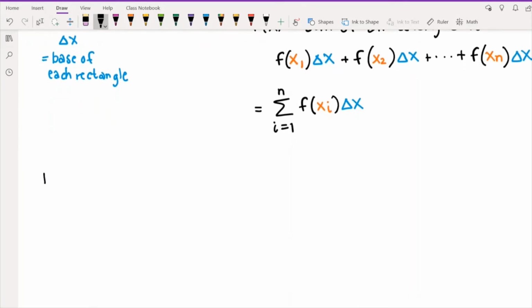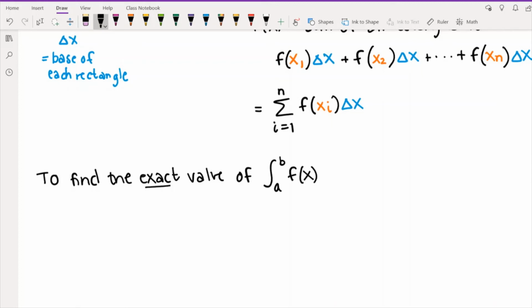So to find the actual or the exact value of the integral from a to b of f of x dx, we want to basically bring the number of rectangles towards infinity.